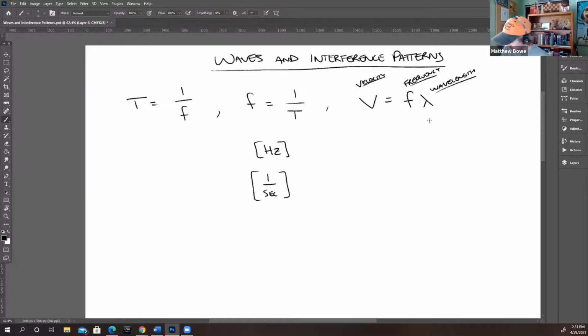So increasing the wavelength, if that gets larger, does not give you a larger velocity. So let me make a little side note right here. The velocity of a wave depends on the medium it travels through.